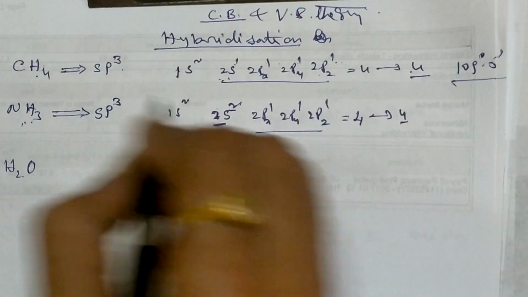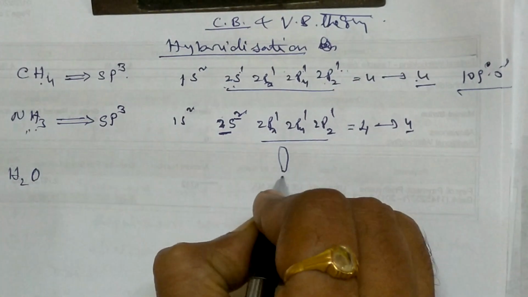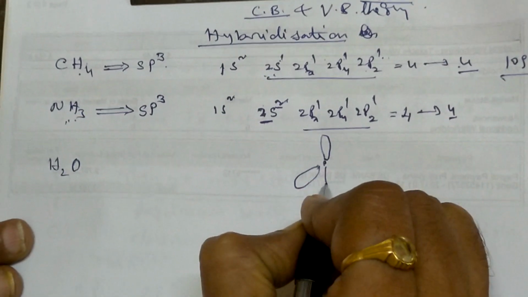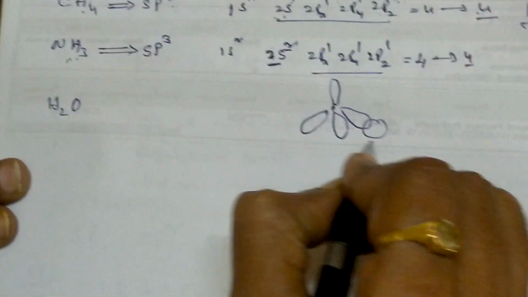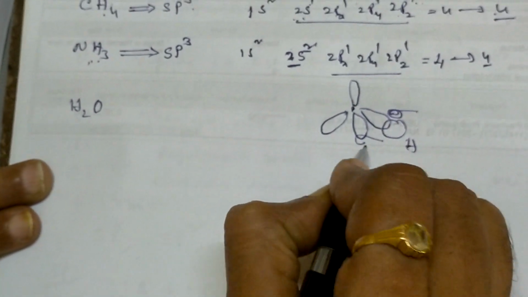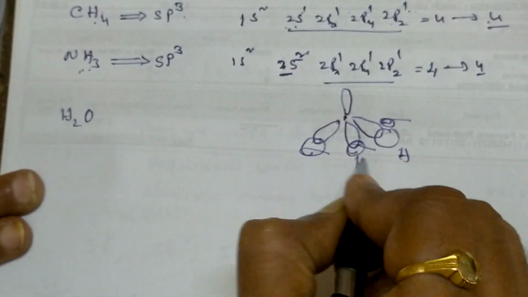So here again, what will happen? There is 1 central atom, nitrogen, and the 3 hydrogen atoms form 3 sigma bonds: a sigma bond with each hydrogen.